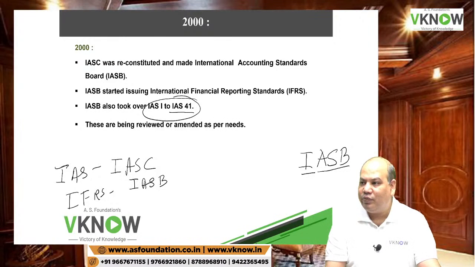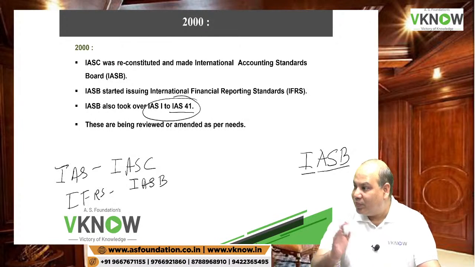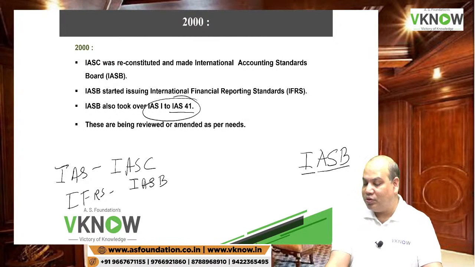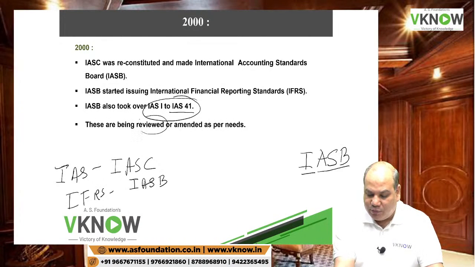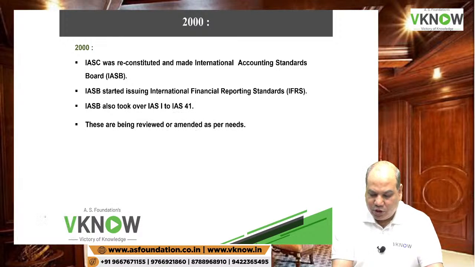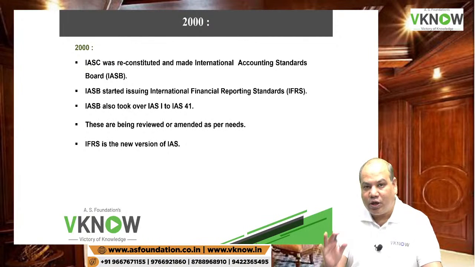New standard on revenue was issued. There were standards on financial instrument, they were cancelled, replaced by a new standard on financial instrument. So old standards will be reviewed or amended as per the needs, and if required they might even delete the old standard, and in place of it they will come out with a brand new standard.